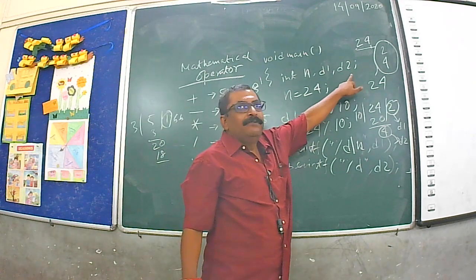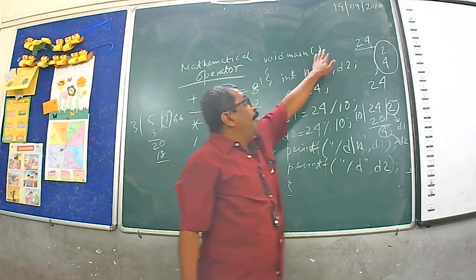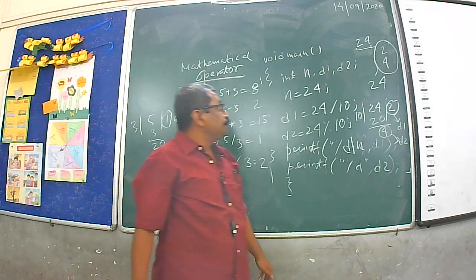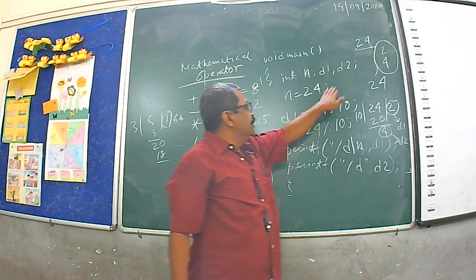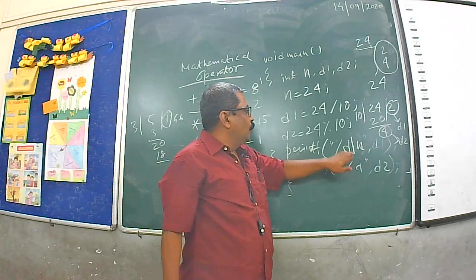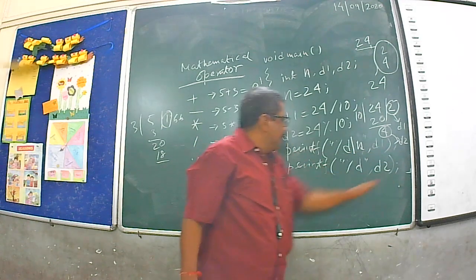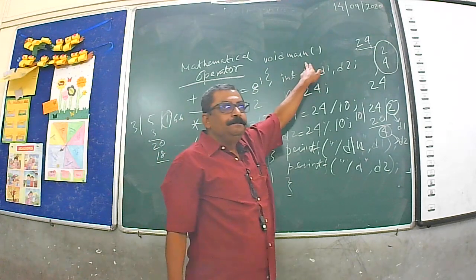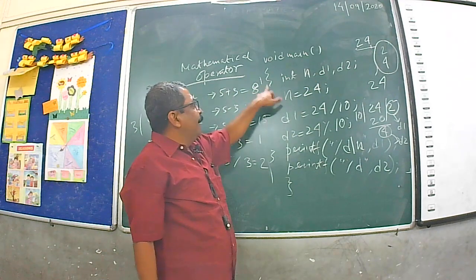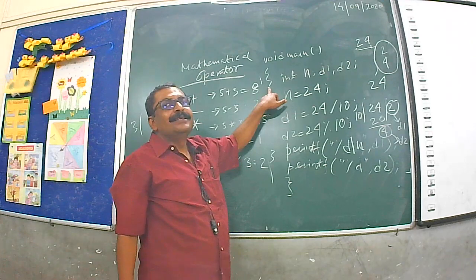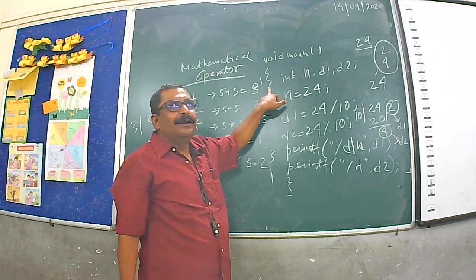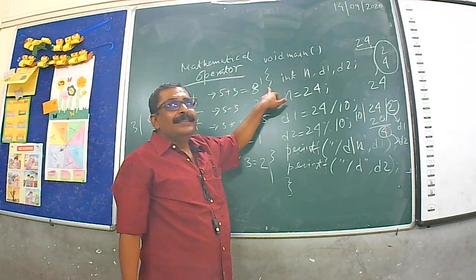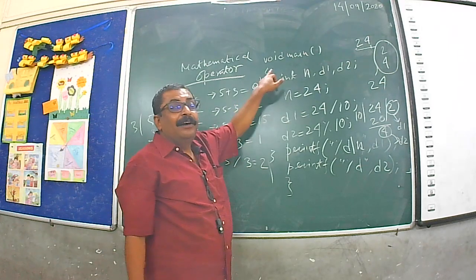Void main does not require a semicolon. Every other place ends with a semicolon. The function starts with void main, and then you have to give the open braces, the curly braces, indicating that your main function has started.